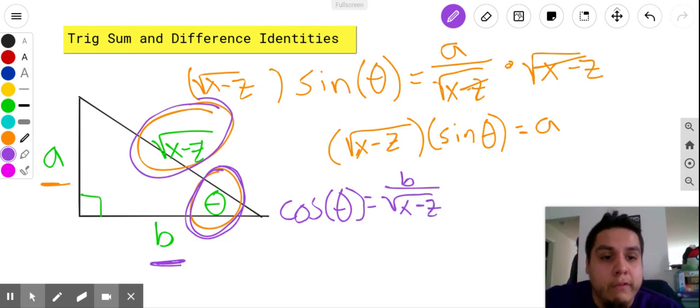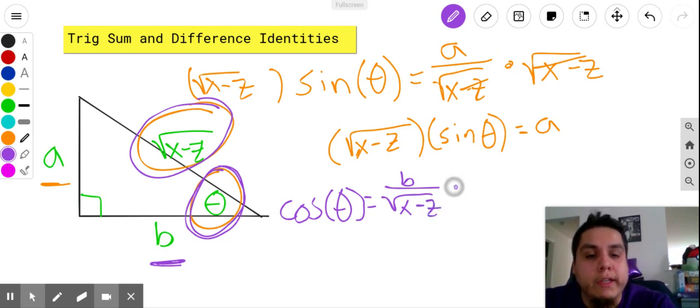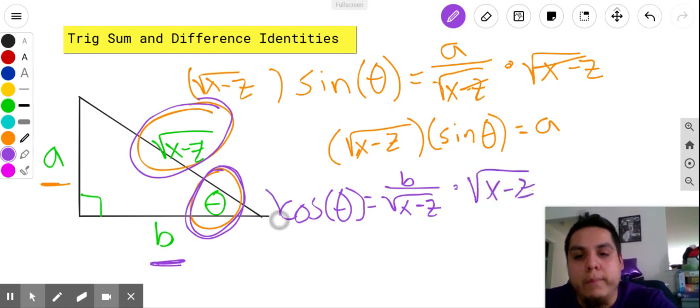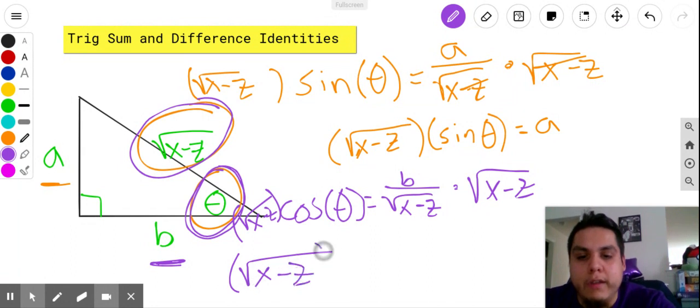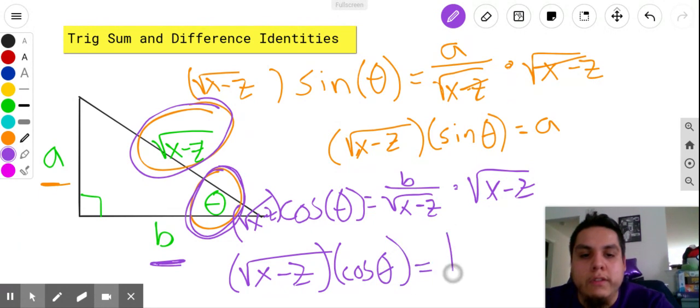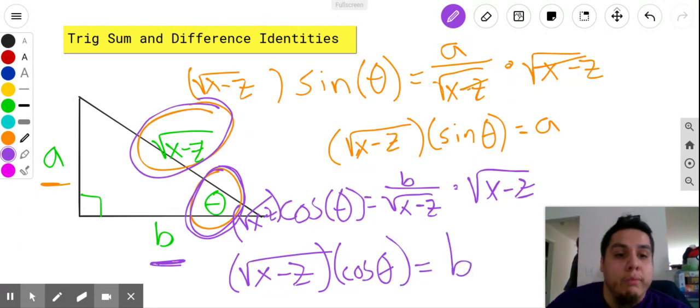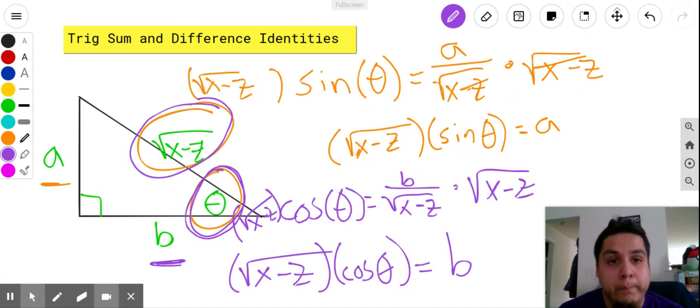So to solve for B, you would multiply both sides by the hypotenuse. Then you can say that square root of x minus z times cosine of theta can be used to represent the length of B. Okay?